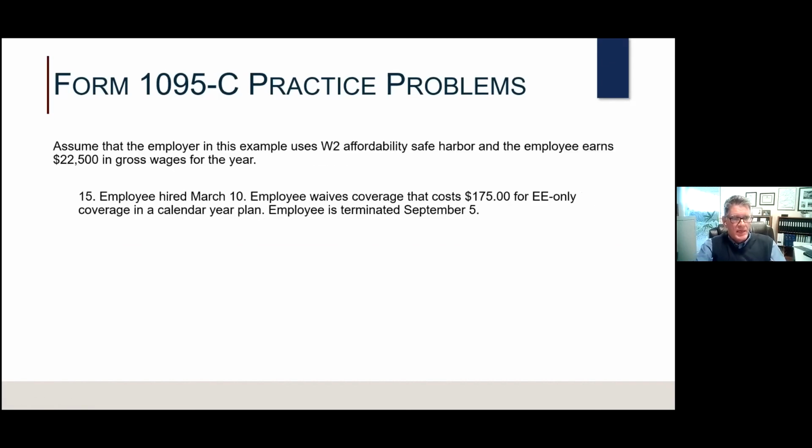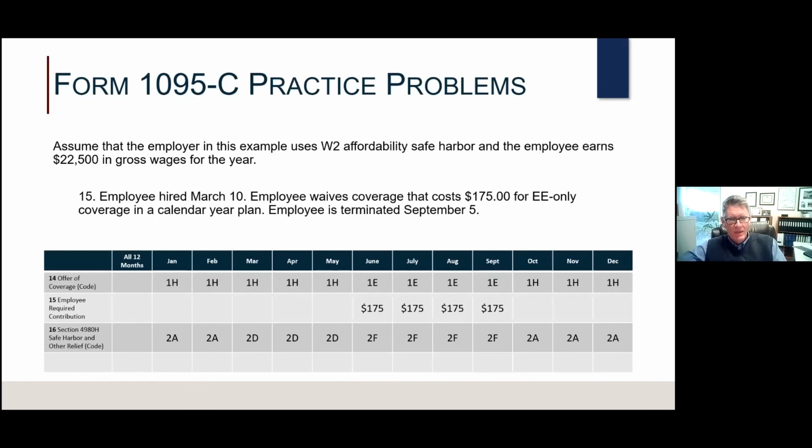And next to last here, for this purpose, we're going to assume that the employer is actually using W-2 affordability safe harbor. I'm not going to make you do math. I thought about it, but I think that's just mean at this point, so I'm not going to make you do math. I'll just show you the form. So here's the form. We're used to most of this now. No offer of coverage, not employed, the waiting period months, and then here's the offer of coverage, 175.